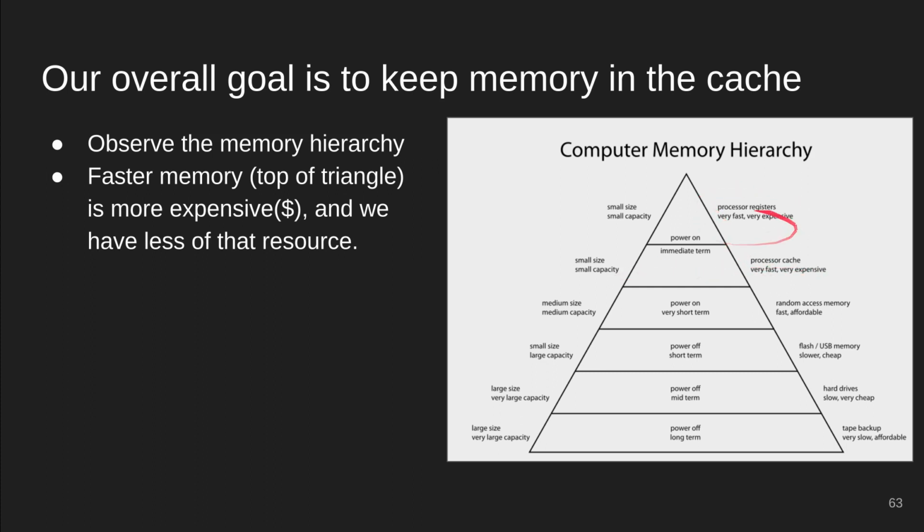Then we have our processor with roughly 16 general purpose registers and a few other registers that are very, very fast, but are very expensive, and we have very few of them. So again, we want to be working with our memory towards the top of this chart here, because it runs a lot faster. It's a lot cheaper to do the different memory accesses.